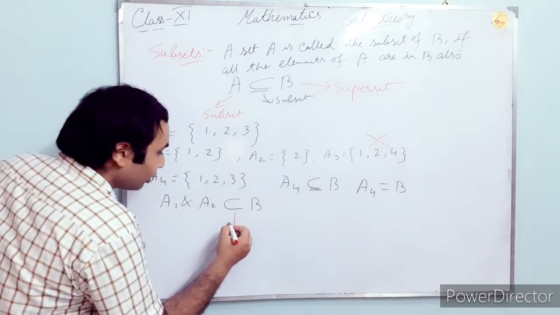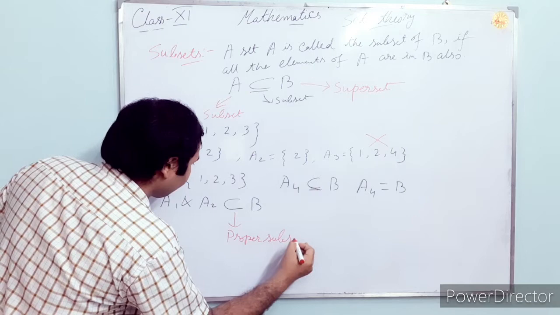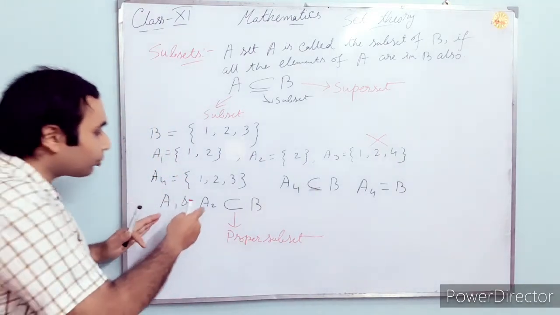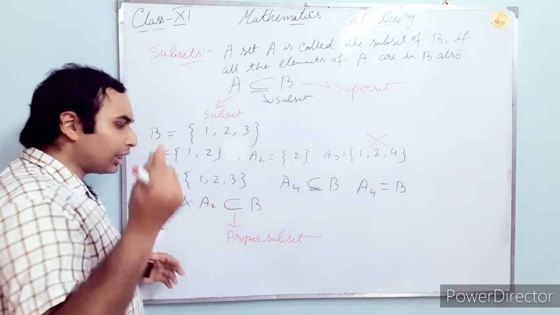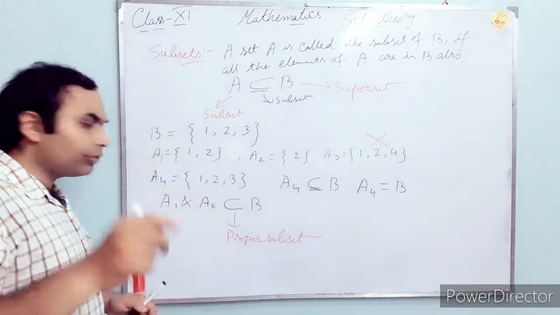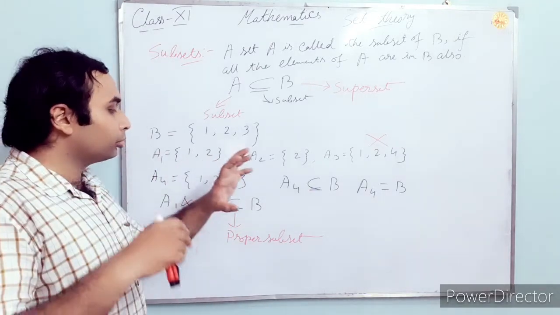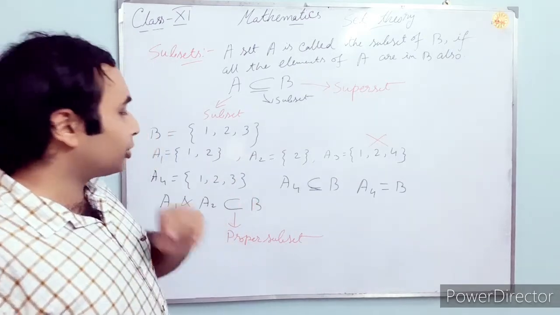That is, all the elements of those subsets will be only within B, that is the definition of the subset, and also there is no possibility to be equal to B. That's why those are called the proper subset.